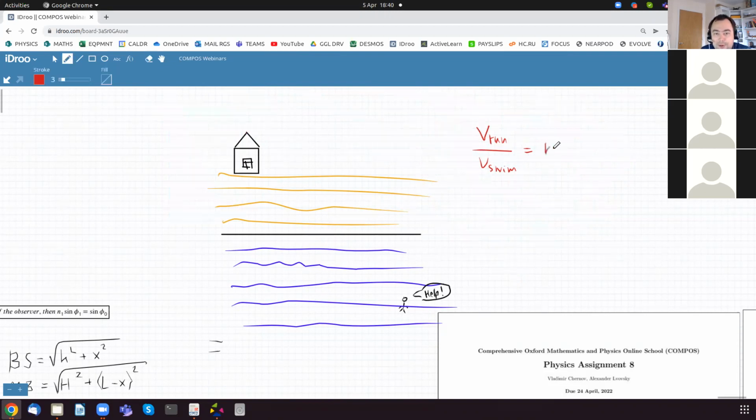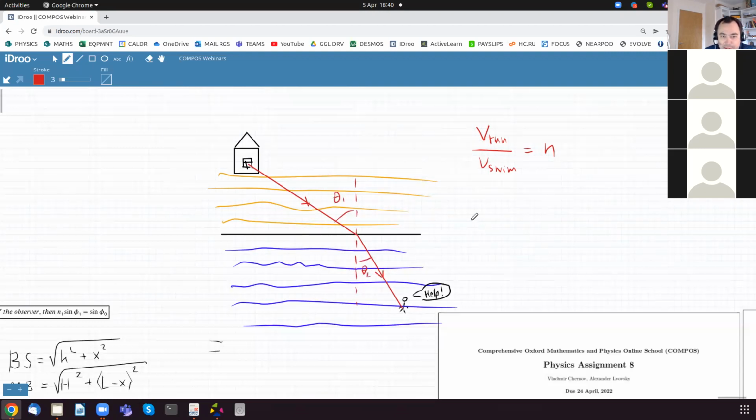Okay, if the ratio of the speeds at which you run and you swim is n, so you run n times faster than you swim, then the quickest way to get to the person is if you draw this path and then you draw a normal line, and this is theta 1 and this is theta 2.